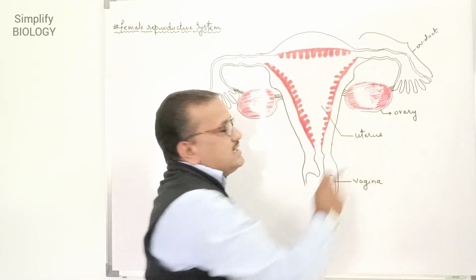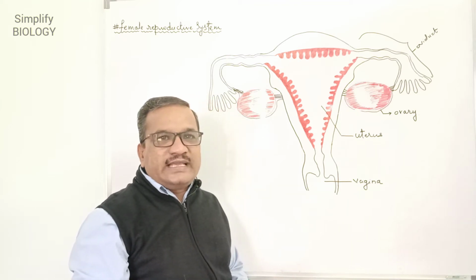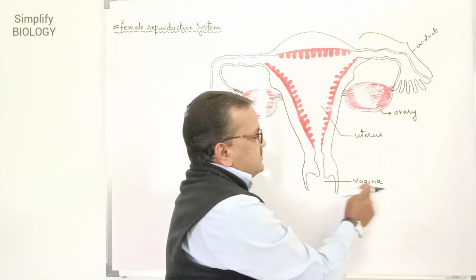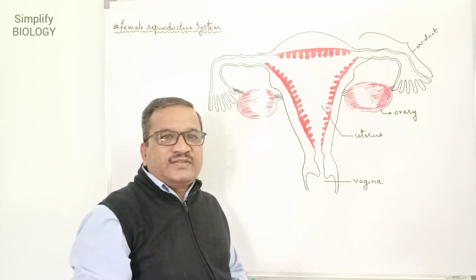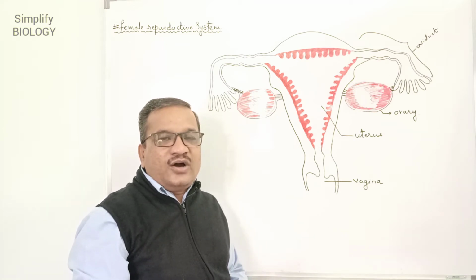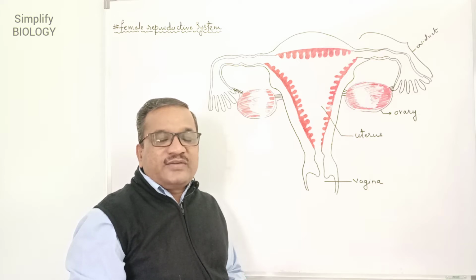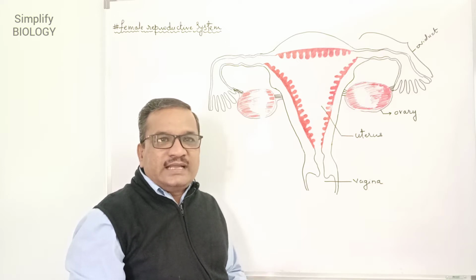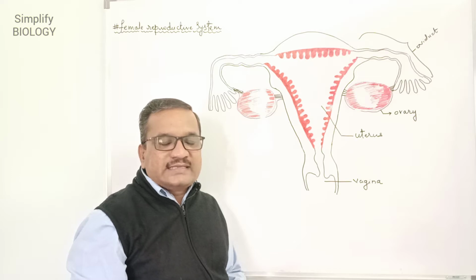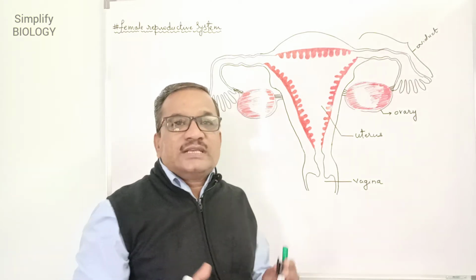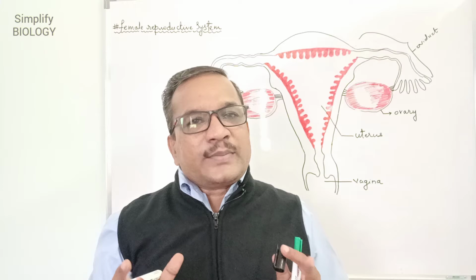Next is the vagina. Then the fifth part is the external genitalia, or vulva, present in the pelvic region, plus a pair of vestibular glands and a pair of mammary glands present in the female.